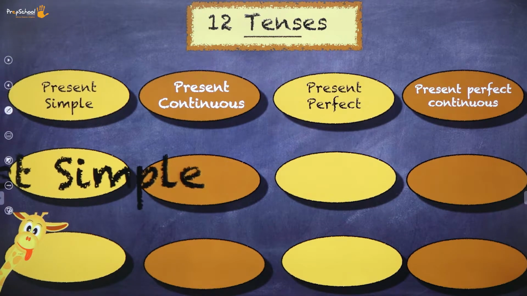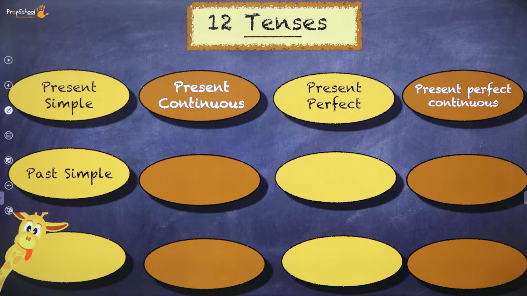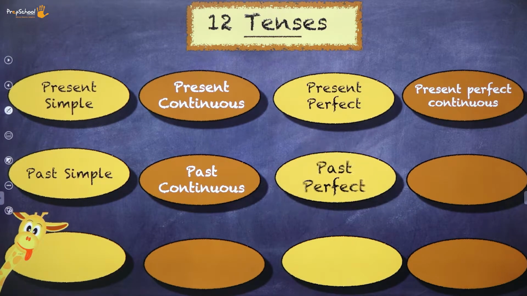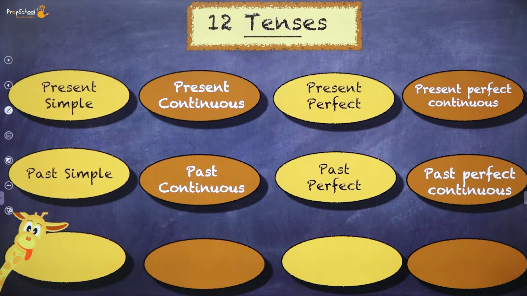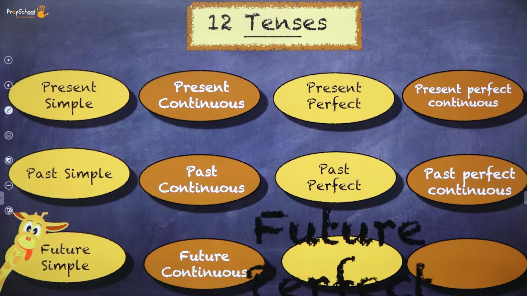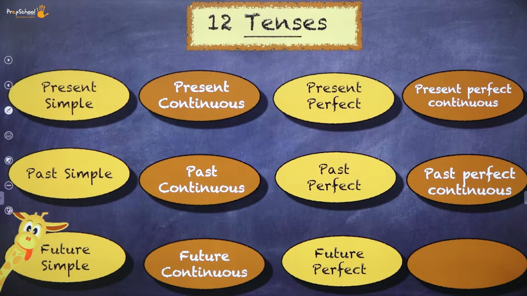Next, the fifth one, past simple, sixth past continuous, seventh past perfect, eighth past perfect continuous. These four are the past tenses. And then future simple, future continuous, future perfect, and the last one, future perfect continuous. These are the future tenses.